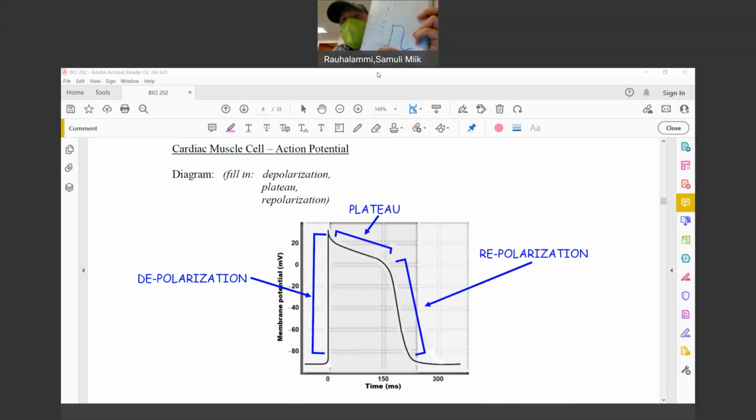Rather than a timeline of 2 to 5 milliseconds, a cardiac muscle cell action potential is going to be somewhere around 250 to 300 milliseconds, so significantly longer. And if you wonder why that would be the case, it's so that we can facilitate the blood flowing from one chamber to another, so we give it a little bit more time for that to take place.